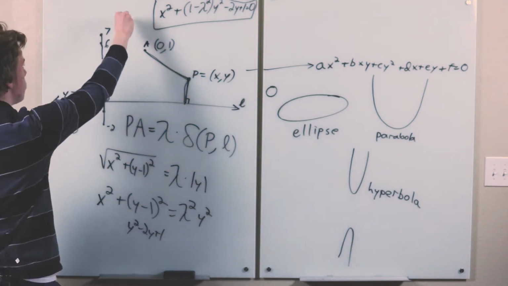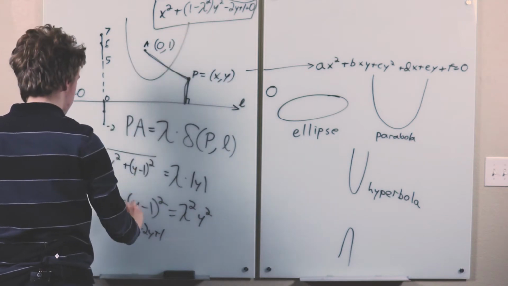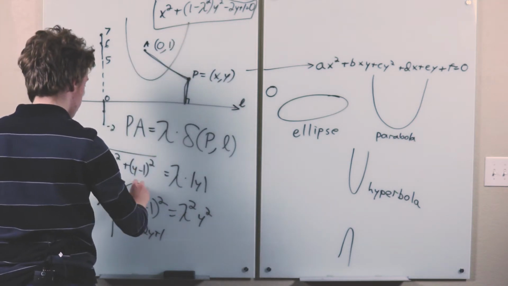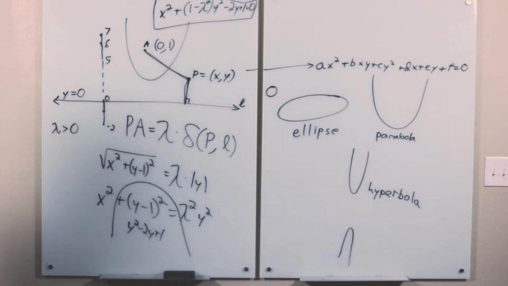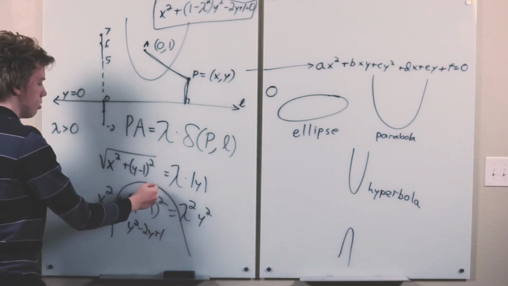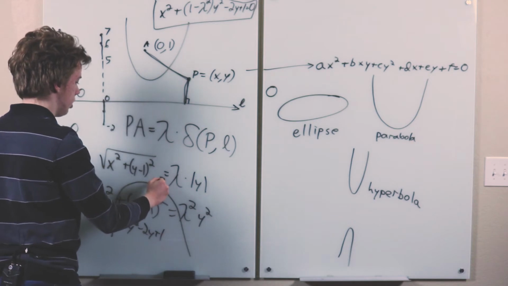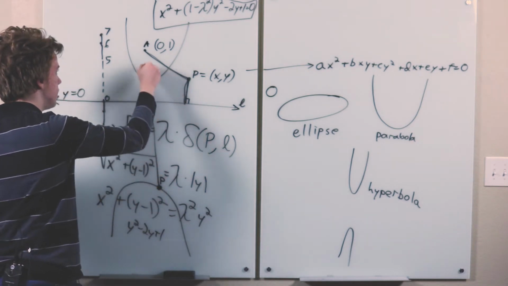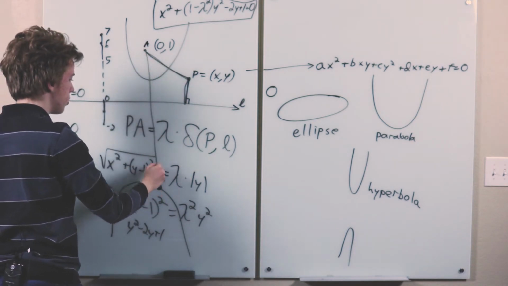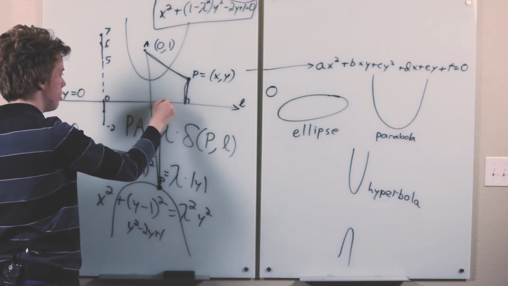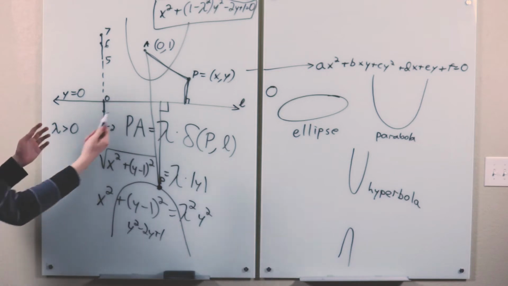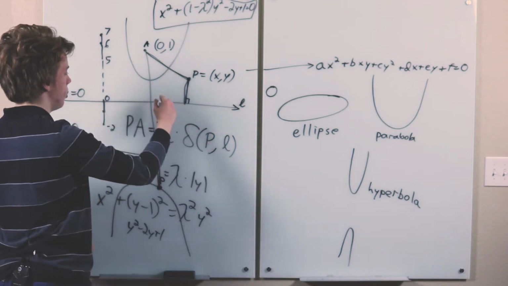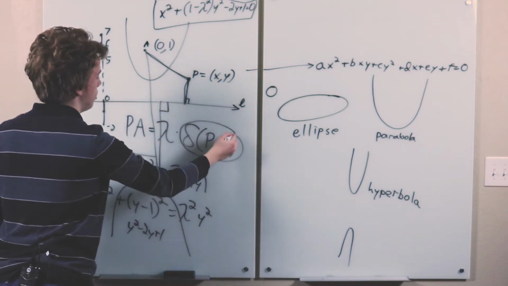So the hyperbola will be something like this, and it'll have points on the other side too. To have this, if we take a point P on here, we need PA to be necessarily greater than this distance if it's on the opposite side of L from A. This is clear from the diagram: PA will be greater than delta PL.